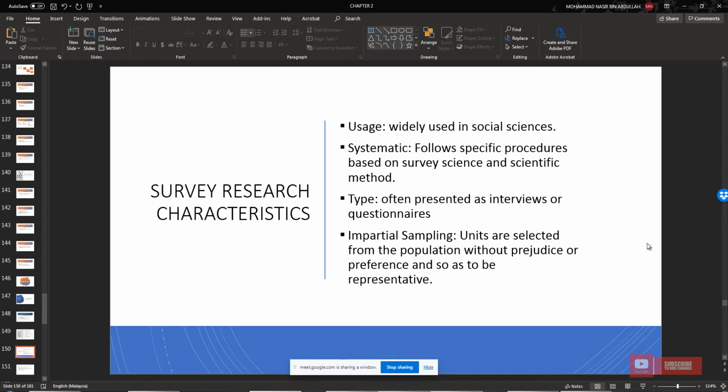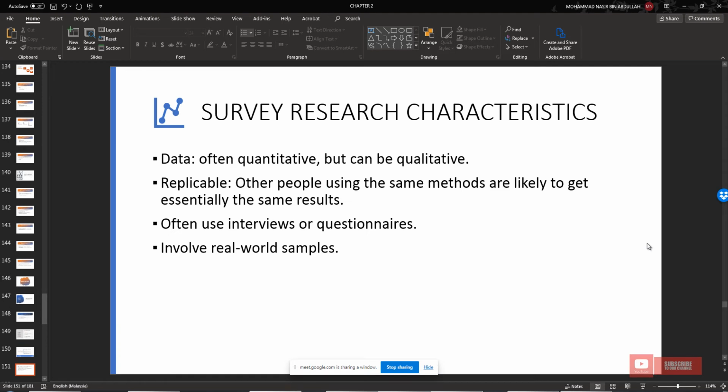We need to take respondents as randomly as possible, right? That's why we need to employ randomized sampling techniques in our data collection sampling method, right? As for survey research characteristics, the data is usually quantitative, but it can also be qualitative.